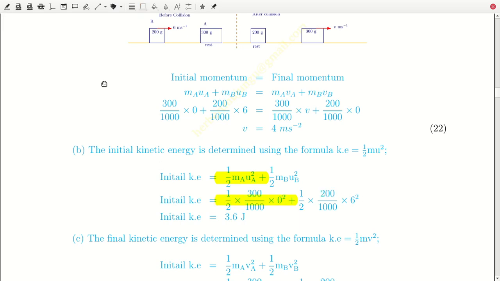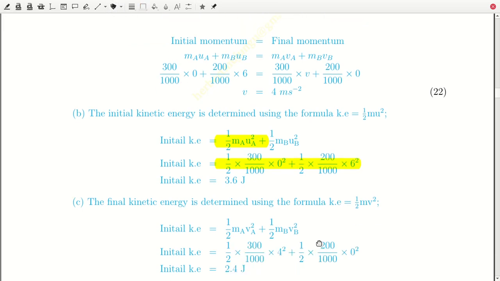For particle B, which was projected initially, its kinetic energy will be given by this, which we shall calculate. When you carry out the computations, because 2 cancels with 2, we remain with 100 over 1000. 6 squared is 36, so 36 over 10, 3.6 joules.